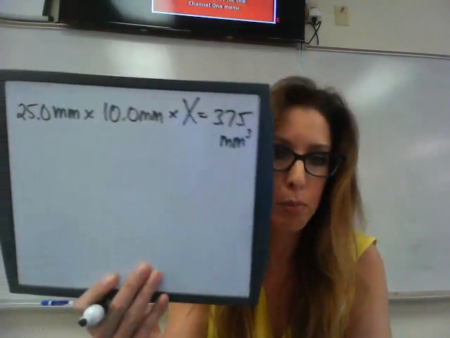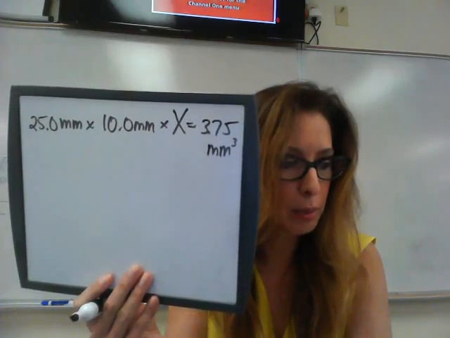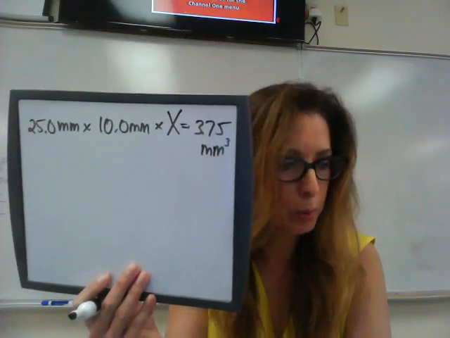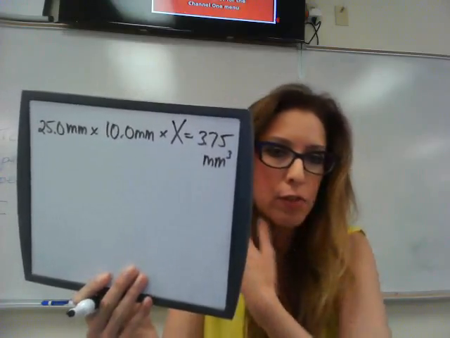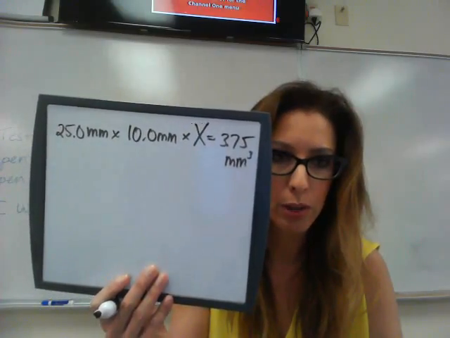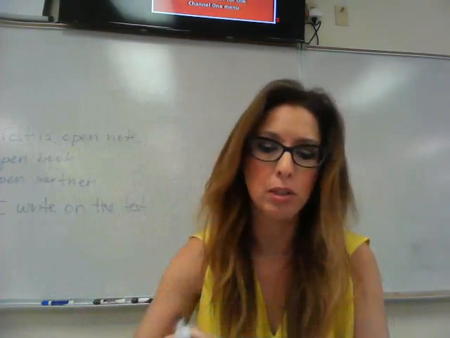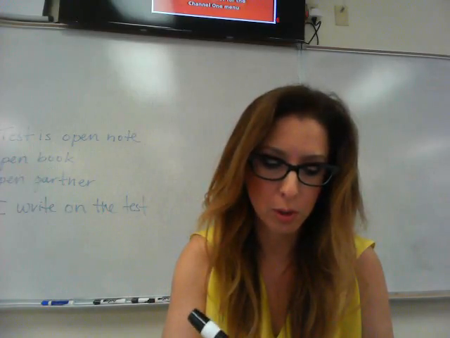What is the thickness of the aluminum foil in millimeters? So volume is length times width times height, right? So that's why I put 25 times 10 times x equals 3.75. So what you want to do here is divide both sides by 25 and 10 so that you can solve for x. So we're going to divide both sides by those two.